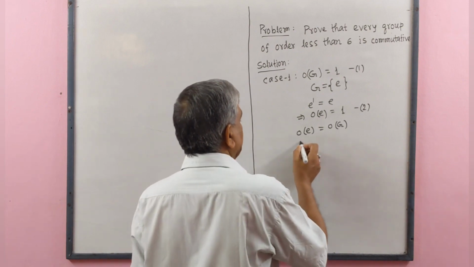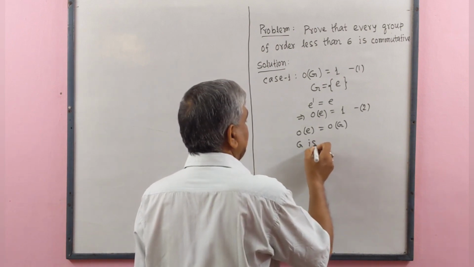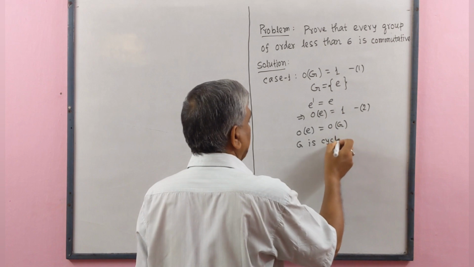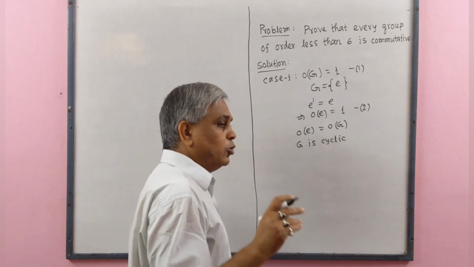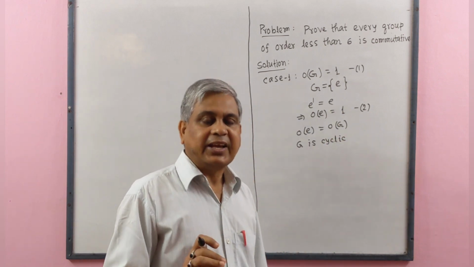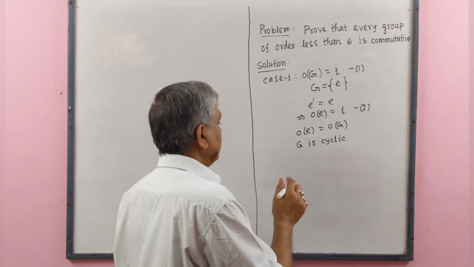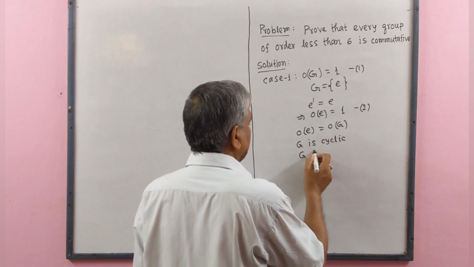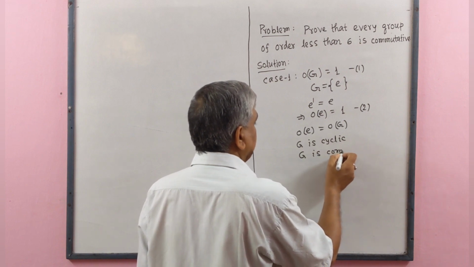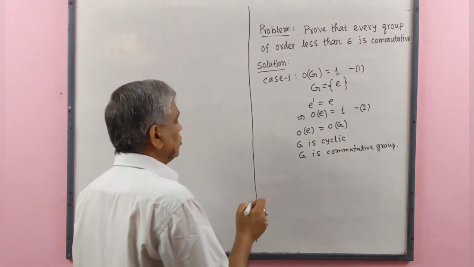Therefore, G is cyclic. And we know that every cyclic group is a commutative group. Therefore, G is commutative.